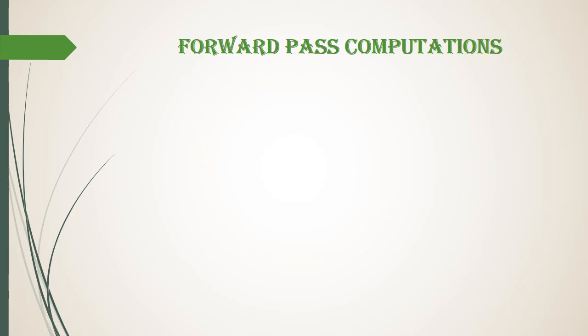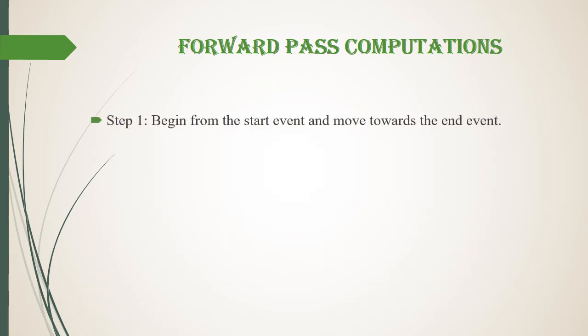While analyzing the networks, it is very important to do two calculations, that is the forward pass computations and the backward pass computations. Now we have to study the procedure for forward pass computations. The first step is to begin from the start event and move towards the end event.